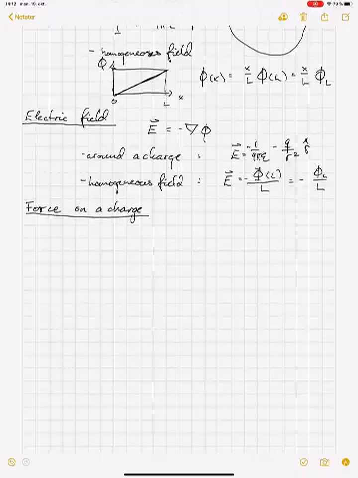And this force is proportional to the electric field, and the proportionality constant is the charge.